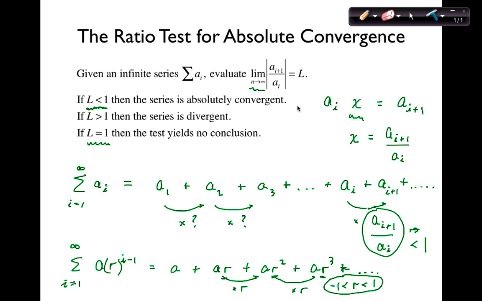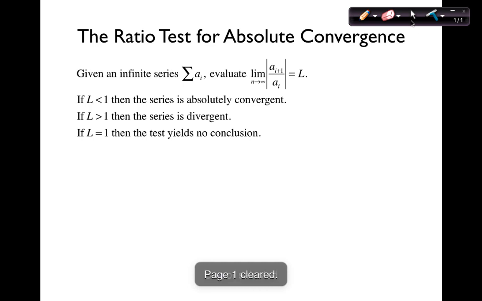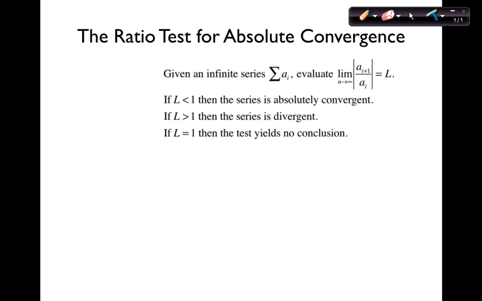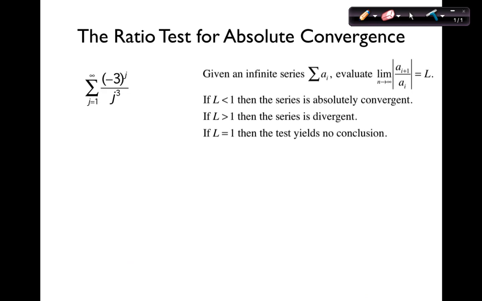All right, so let's look at one example quick. So here's how you do it. The ratio test says you look at the ratio of the i plus 1 and ith term. Well, here we're using j's, so we'll use j's instead.